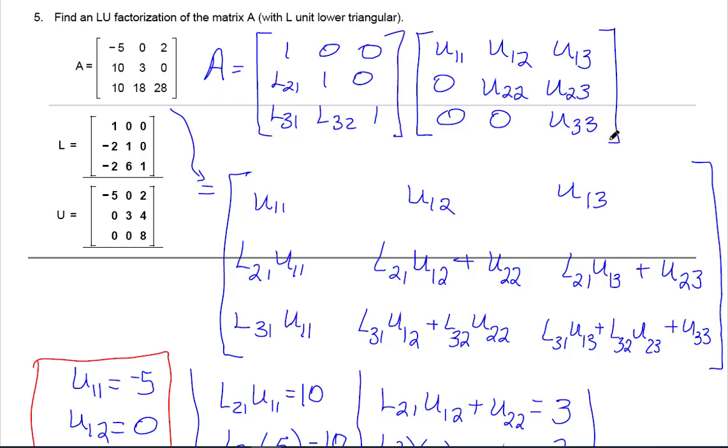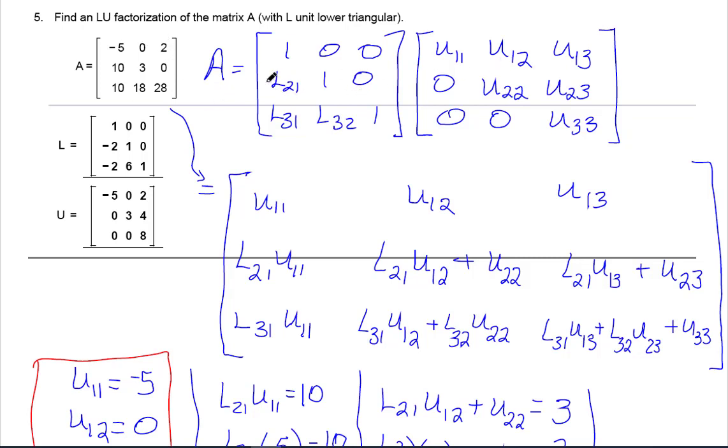So again, we just grind it out and compare. So 1 times u11 and everything else is 0. 1 times u12. 1 times u13. All right, so you can already see exactly what u11 must be. u12 and u13, they have to be minus 5, 0, and 2.